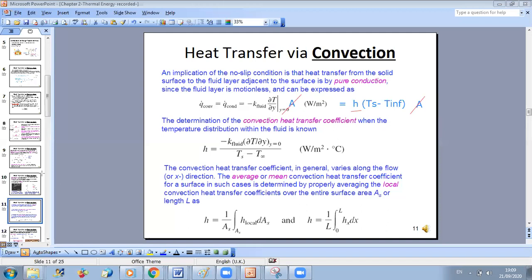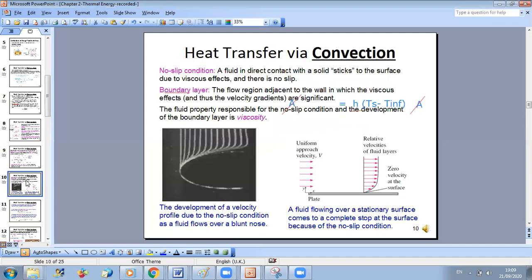So if you go back to the previous slide, if I consider this is my boundary layer here, and I consider, for example, heat exchange at this level, the length here is different than the length here. So heat exchange is varying from one location to the other, and therefore the convective coefficient is also varying from one location to the other. And this is also predicted in experiments, okay?